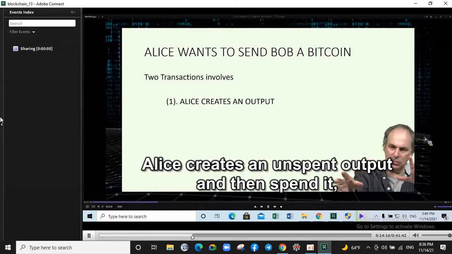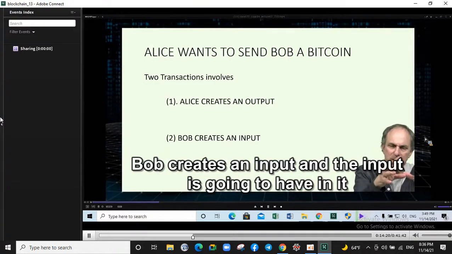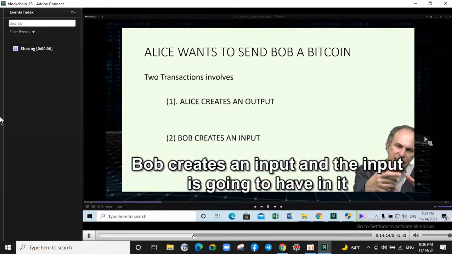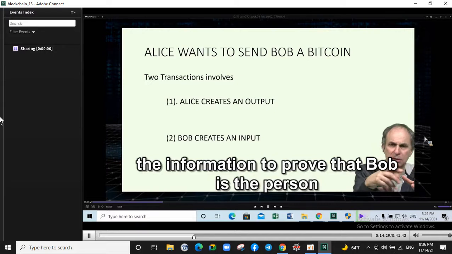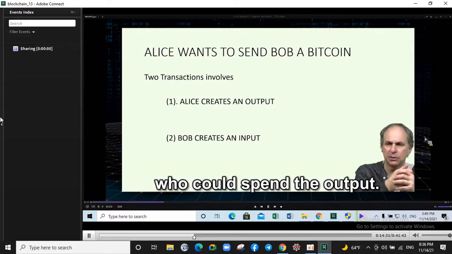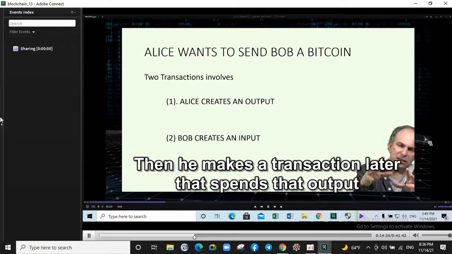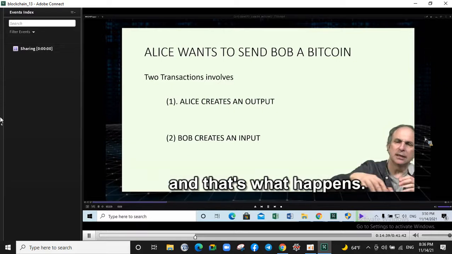and then to spend it, Bob creates an input, and the input is going to have in it the information to prove that Bob is a person who could spend the output. Then he makes a transaction later that spends that output, and that's what happens.